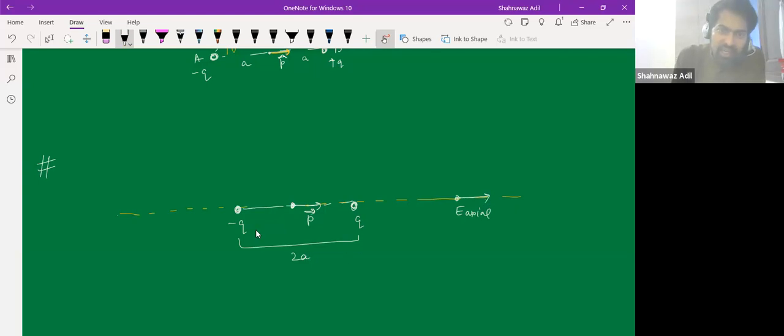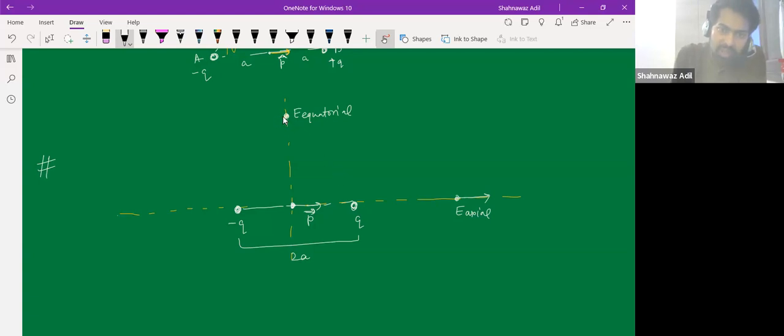And then we calculated the electric field at the equatorial point, at this point. And what was the direction of the electric field? In the direction or against the direction of the dipole?